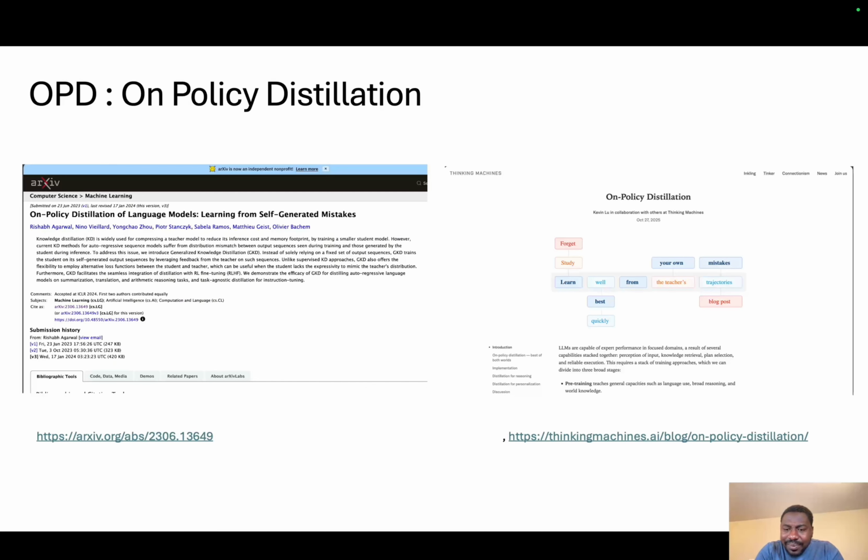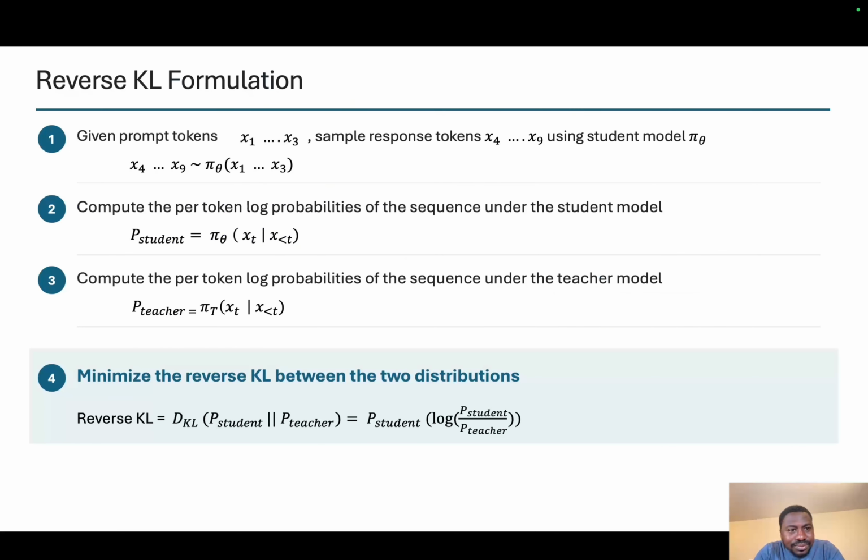What that means is you use some sort of teacher, which could be the model itself with some feedback, or typically a larger model, to train another model. That allows you to get an advantage per token rather than just per sequence, and we're going to look at exactly how that works.